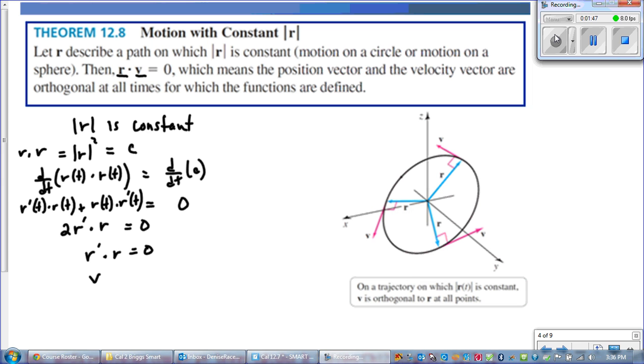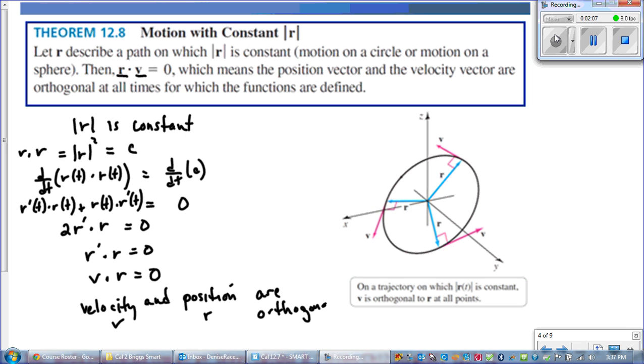That means the velocity dotted with the position function is 0, which means that the velocity and the position are orthogonal. So that's true anytime we have motion on a circle or along a sphere.